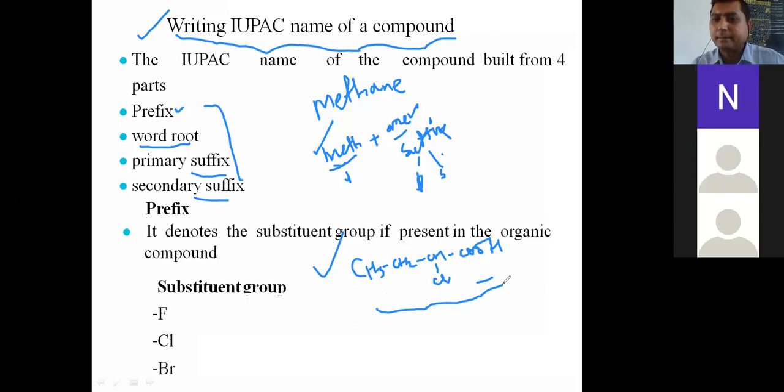Sir, 1-chloroethane. No. Very simple compound. Sir, 1-chloropropanoic acid.